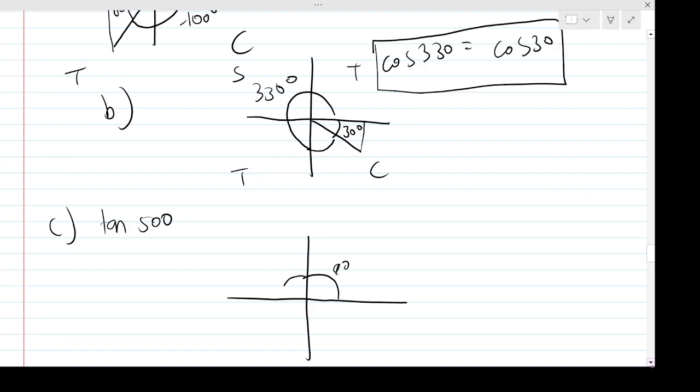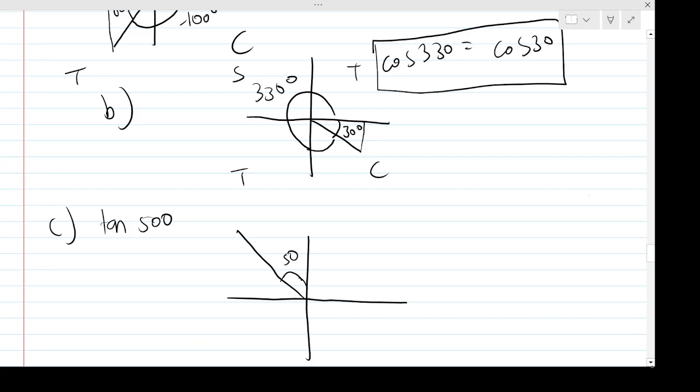So if we draw a triangle, we have an angle of 50 there. Overall, if we turned 360 degrees, then another 90, which would be 450, then another 50, we get 500. So that is the position or the angle we're working with.